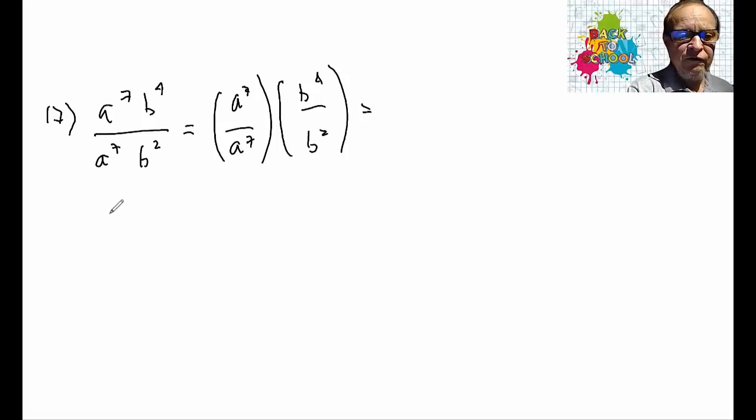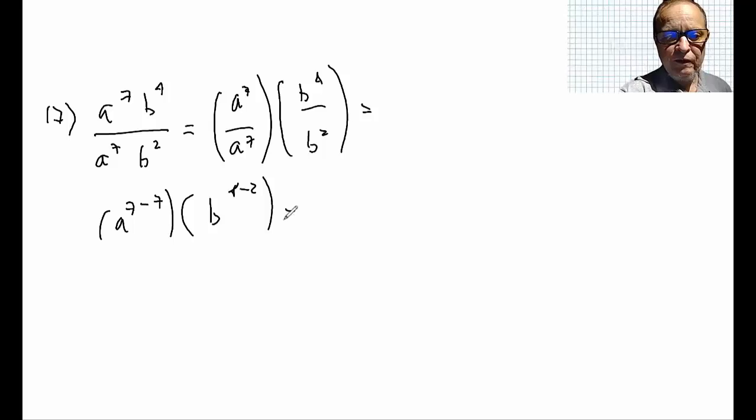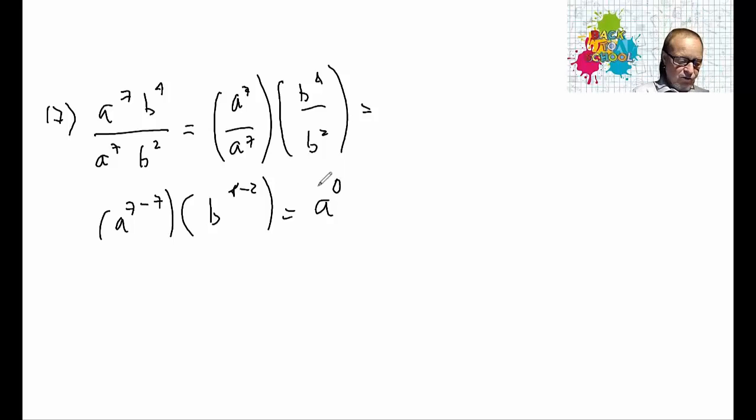So I have, for the first one, a to the 7 minus 7. And then for my b's, I have b to the 4 minus 2. Now it turns out a to the 7 minus 7 is a to the 0, and b to the 4 minus 2 is b squared.